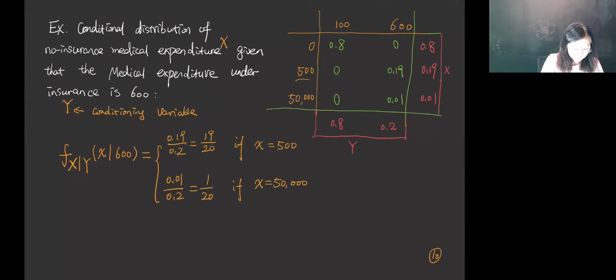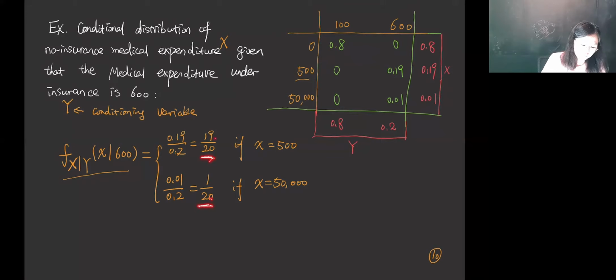Notice that this PMF of x given y equals 600 is a distribution, is a probability mass function. Why? Because the values of this function are all non-negative, they're all positive, and the sum of the two values equals 1.